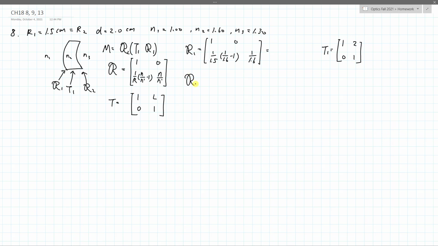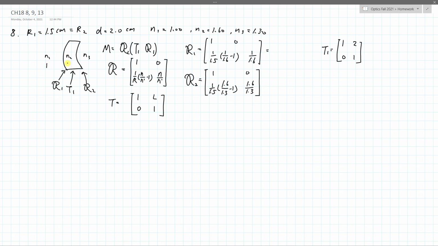Then R2, just be careful here which one's left, which one's right. The radius of curvature is still 1.5, and the left over right, left is N2, so it's 1.6, the right is 1.3 minus 1, and the left is 1.6, right is 1.3. So maybe write the numbers down.